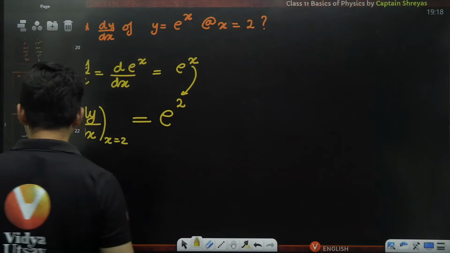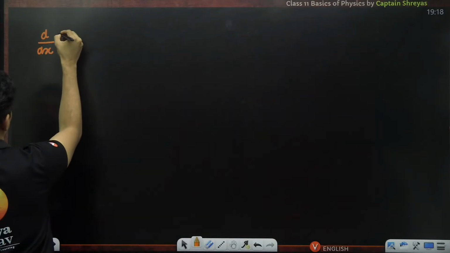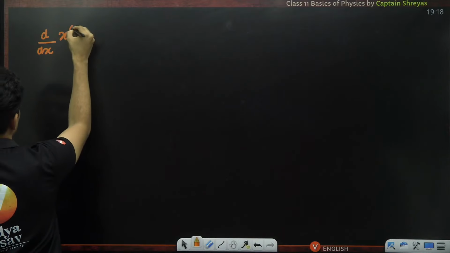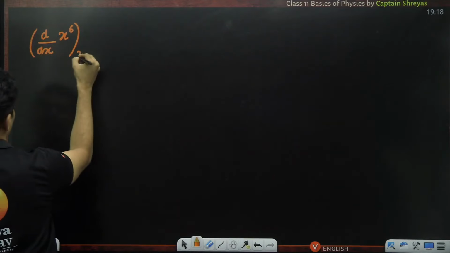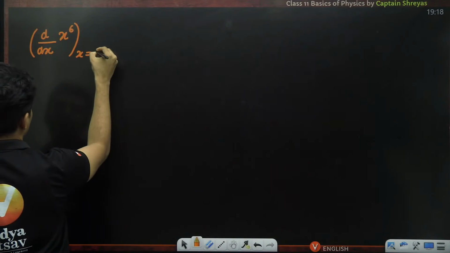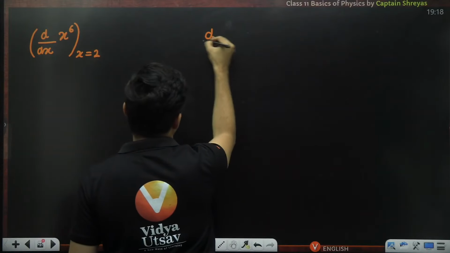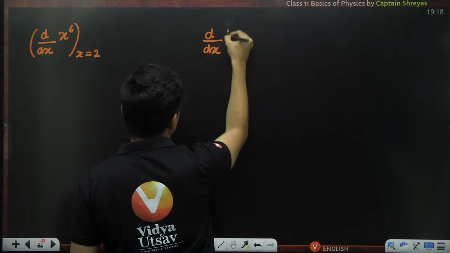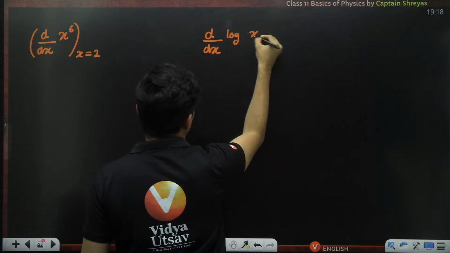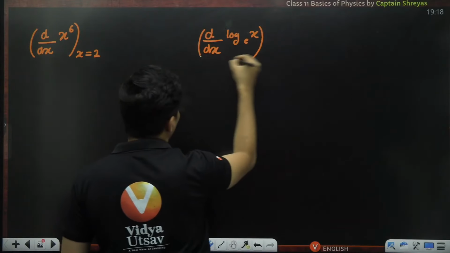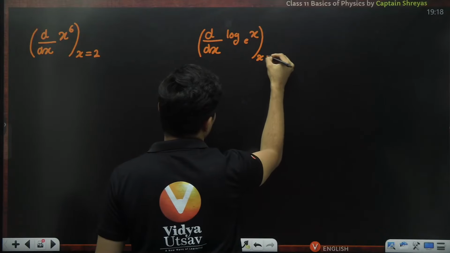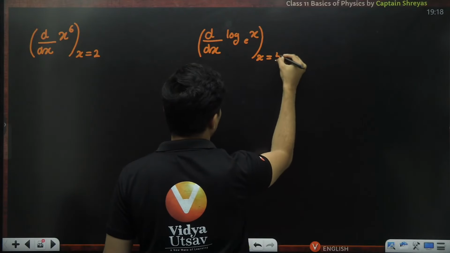Got it? Similarly, let's just try to find some derivatives more, guys. Find d by dx of x raised to 6 at x equals to 2. This is one question. Find d by dx of log x to the base e at x equals to 5.